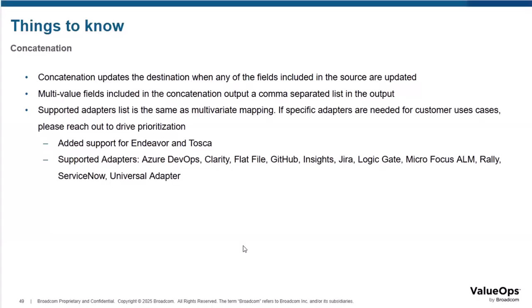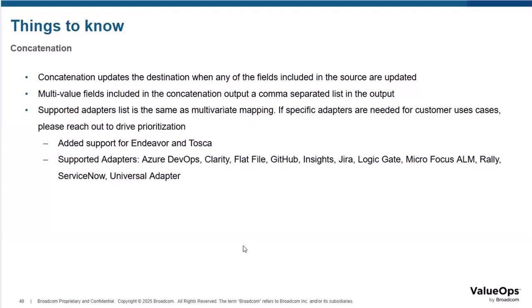For multi-value fields like labels or tags, or an array of sprints like we get out of Jira when we sync sprint, we'll send the list of values as a comma-separated list in the output.